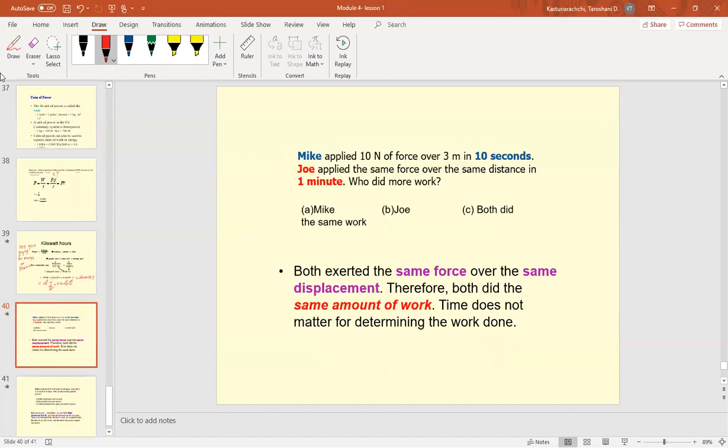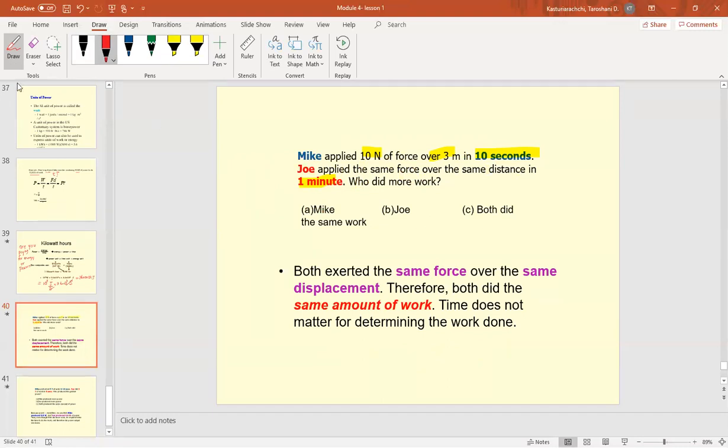Let's look at another example. Mike applied 10 newtons of force over 3 meters in 10 seconds. Joe applied the same force, 10 newtons, over the same distance in 1 minute. He is slow. Who did more work, Mike or Joe?